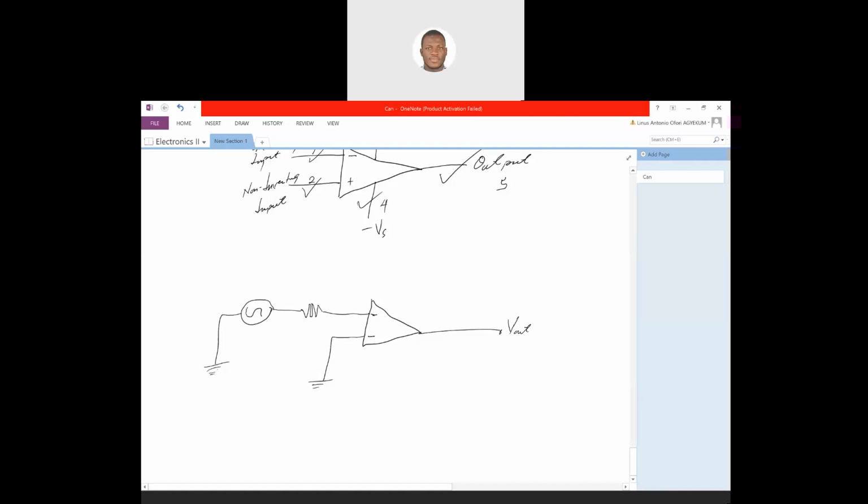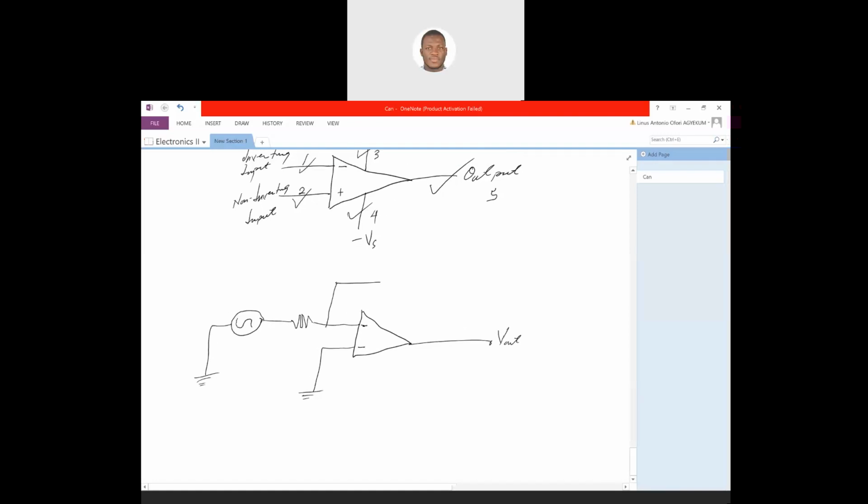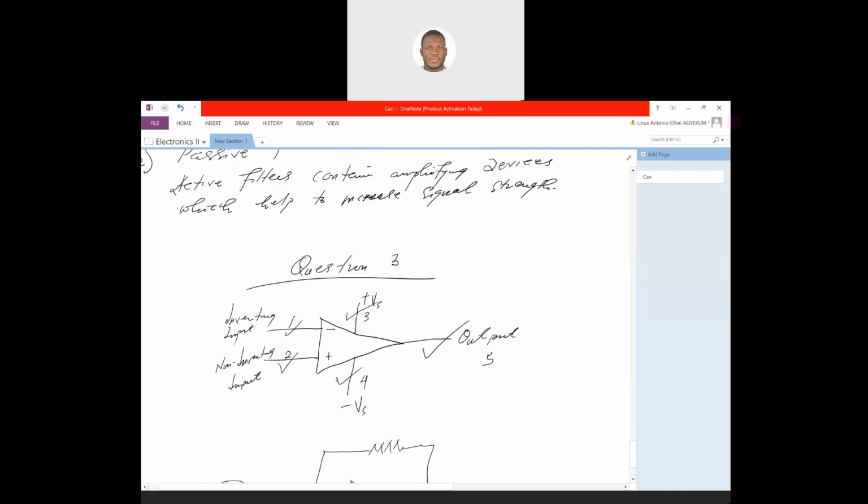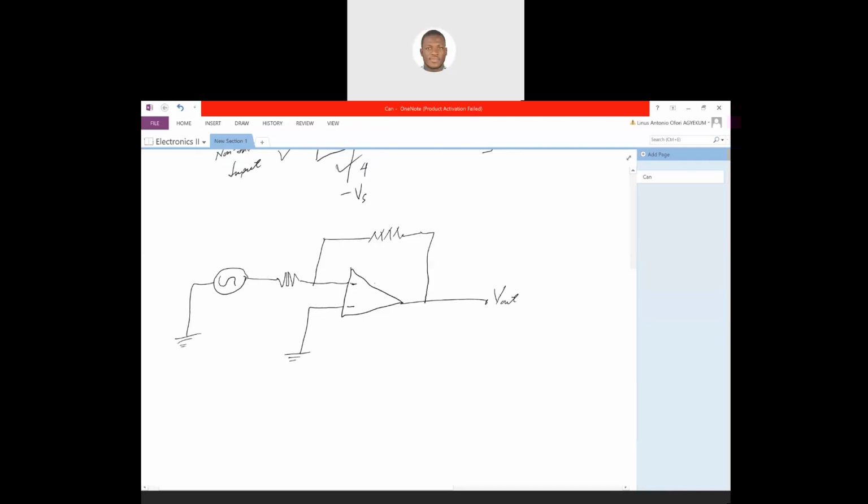Now, there is a feedback system which gives us another resistor, which is looped from the output back into the input. And then we have our positive and negative supplies.